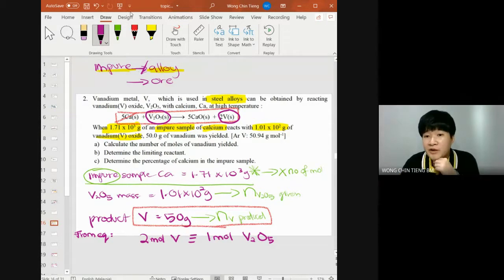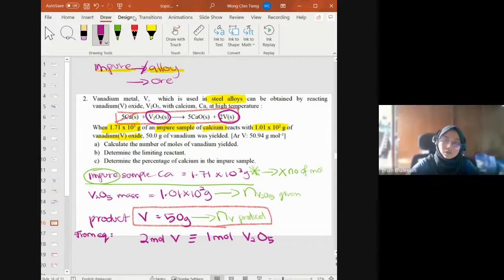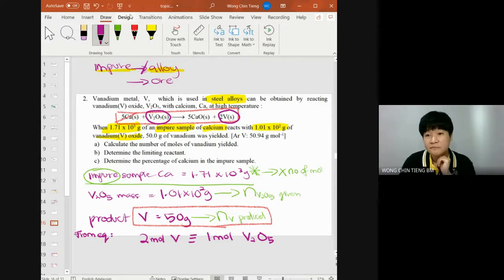Simple. We talk about limiting reactant just now and product. Siapa yang akan hasilkan produk? Ataupun bukan hasilkan, siapa yang akan menentukan produk? Limiting reactant. Thank you, Iman. So, siapa yang akan tentukan produk ini? Limiting reactant.